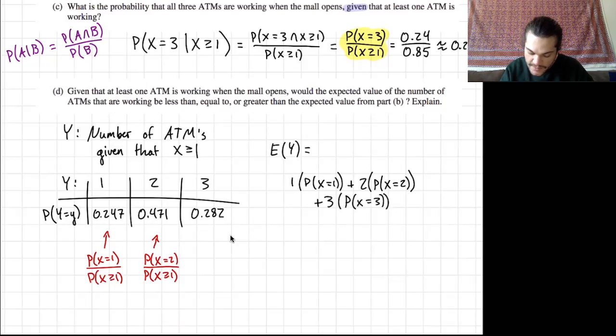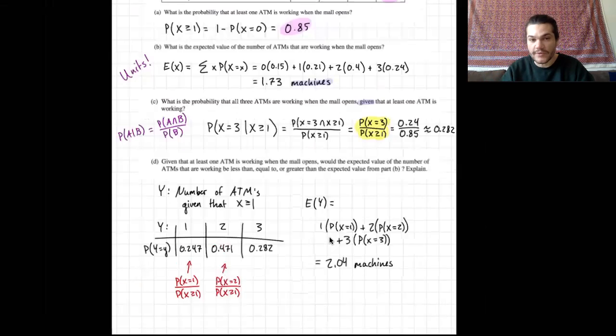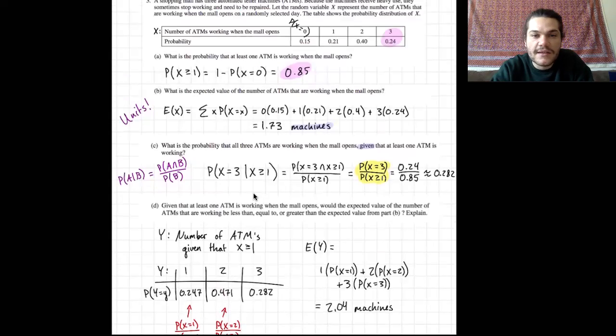And that all adds up to 2.04 machines. So the very long answer to this question is that the expected value definitely goes up. And we have just quantified that new expected value. Before it was 1.73, but now we've cut out the option that it could be 0 at all. We're taking all of these and just dividing by 0.85, that is the conditional distribution.